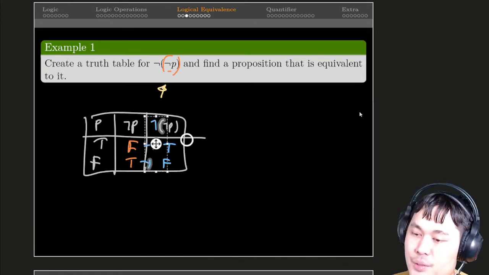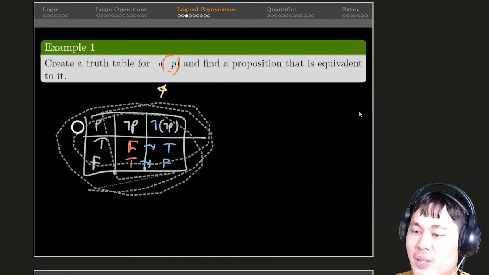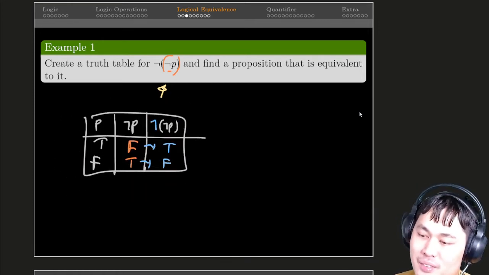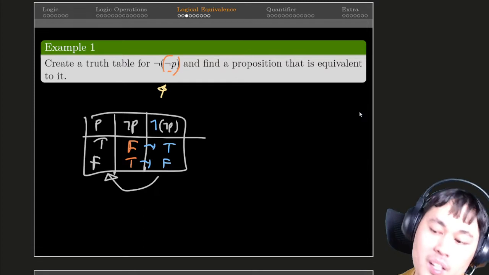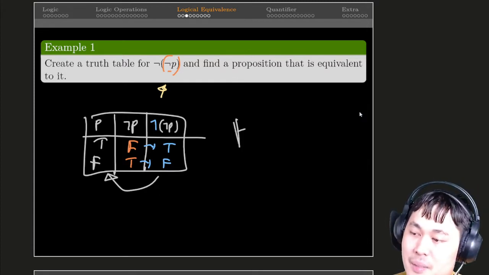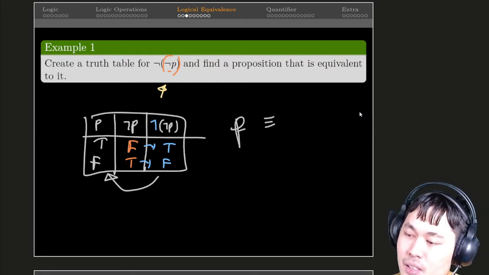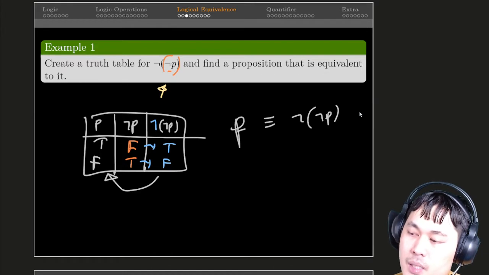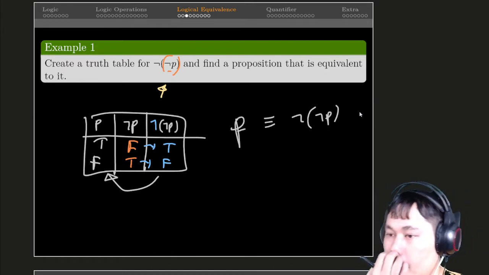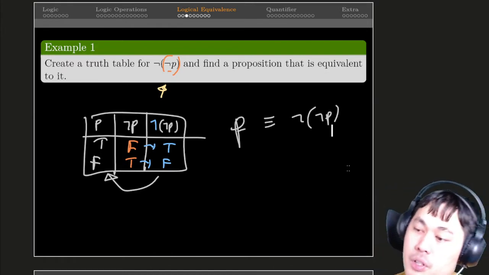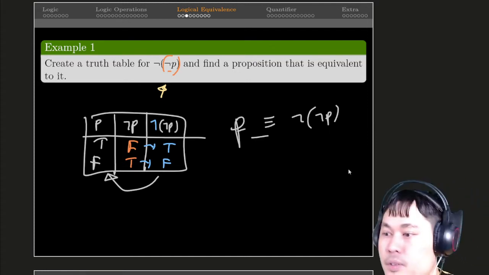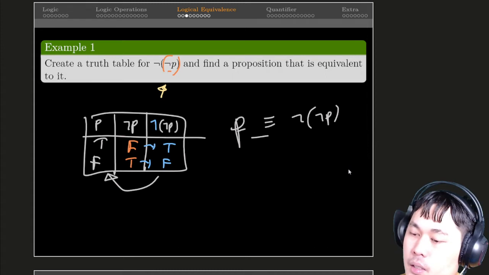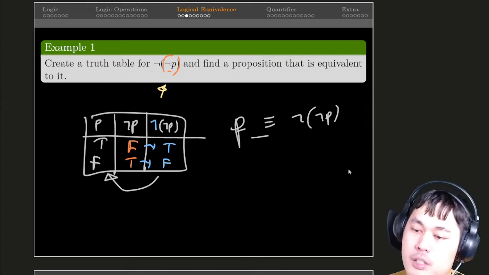And if you simply take a look at this table long enough, you will notice that it actually brings you back to the original column. What this means is that P is equivalent to not not P. If you construct a truth table for both these propositions, you're going to get the same truth values for each row.